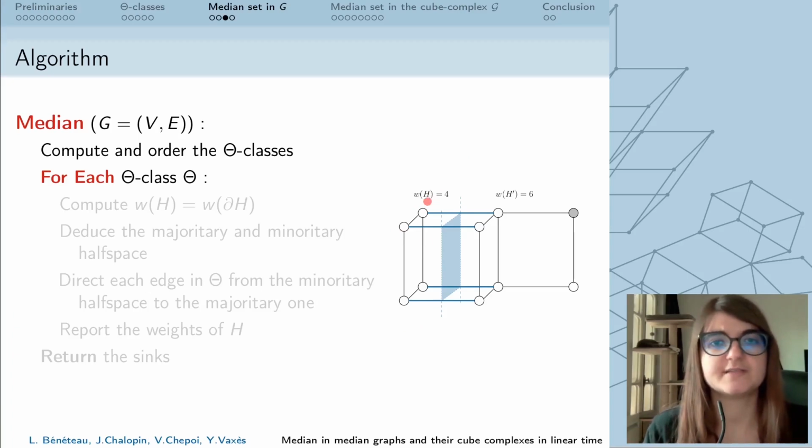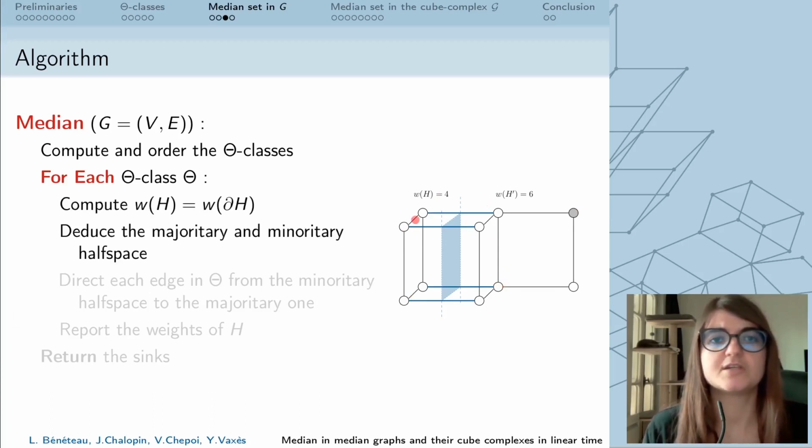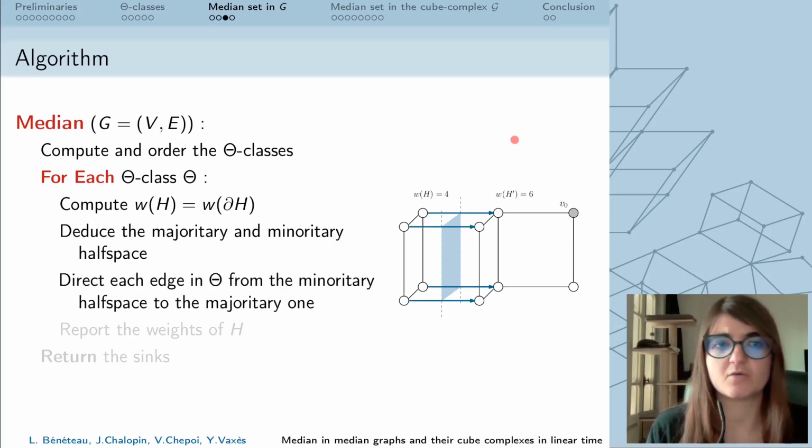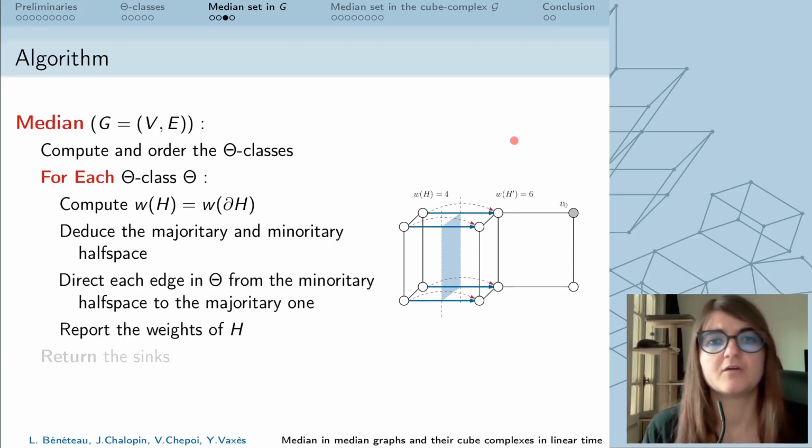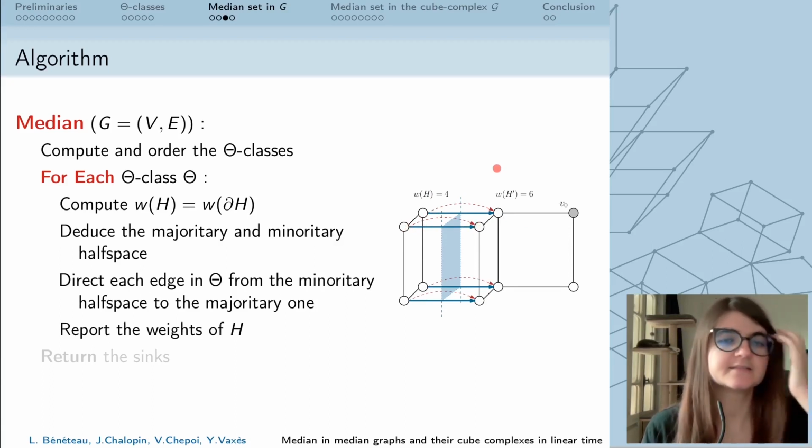And then we can compute its weight in linear time with the size of the theta class. Since we know the total weight of the graph, we can deduce easily which half space is majoritary and which one is minoritary. Then we direct each edge from the minoritary half space to the majoritary one. We report the weight of the peripheral half space on its gate.